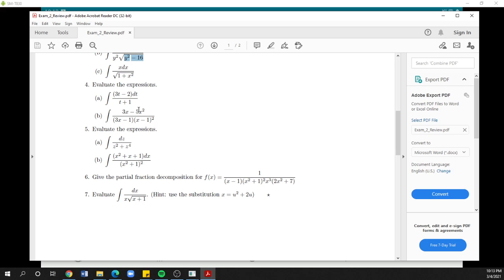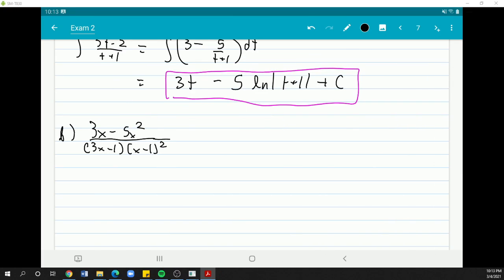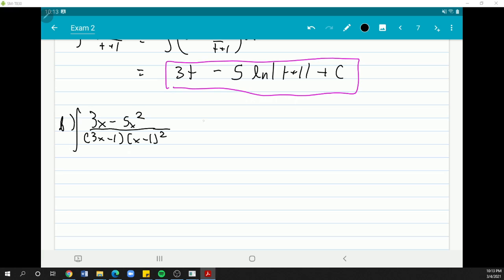So now let's look at this guy. So 3x minus 5x squared over 3x minus 1 times x minus 1 squared. Okay, so what do we do here? We say that this is the integral of a over 3x minus 1.